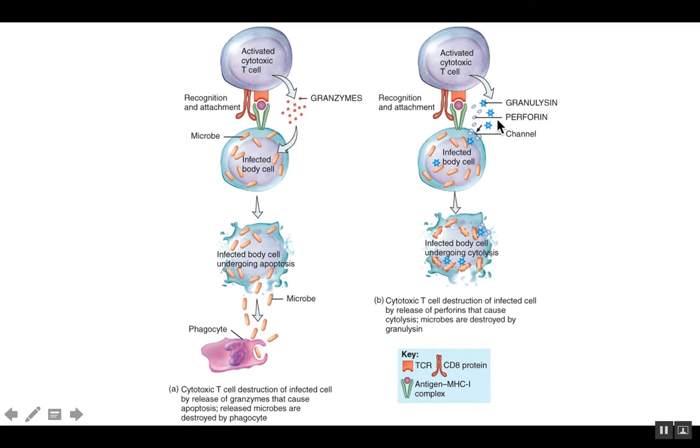So the key here is to recognize that granulysins, perforin, and granzymes are all produced by activated cytotoxic T cells to destroy the infected cells. Sometimes it might release microbe, which isn't a great thing. So you'll want to have a phagocyte there catching any microbe that might have been released from that destroyed cell.